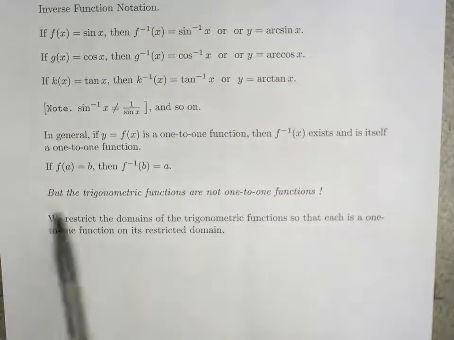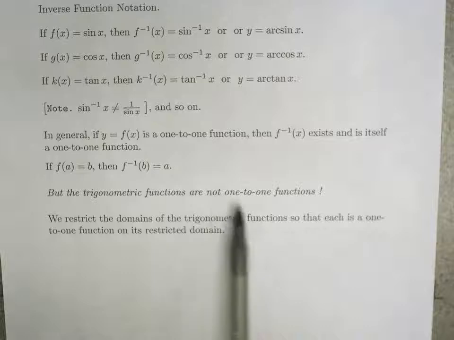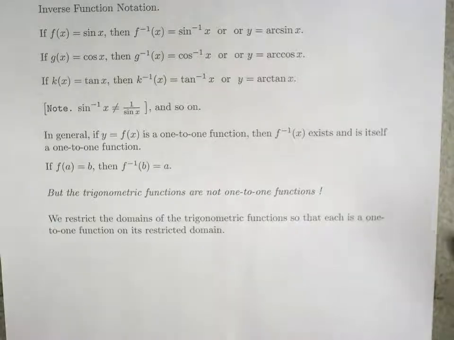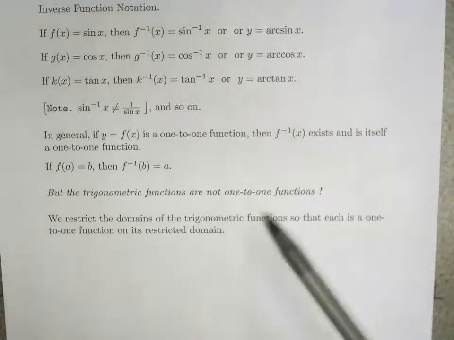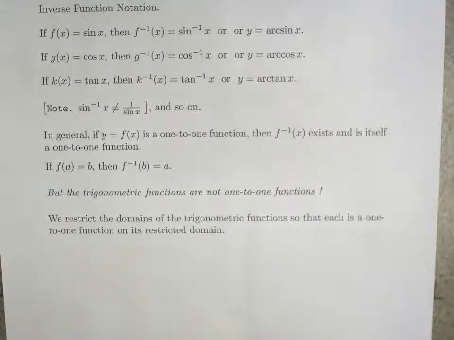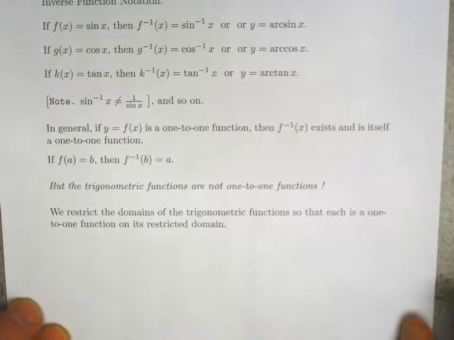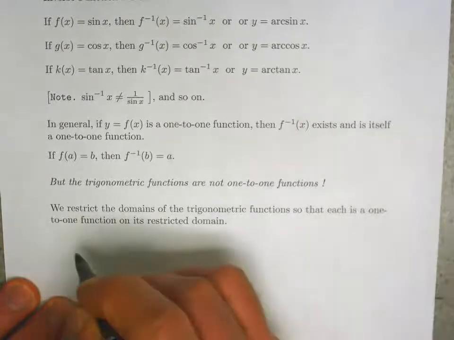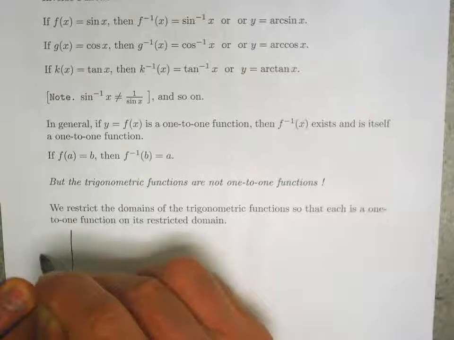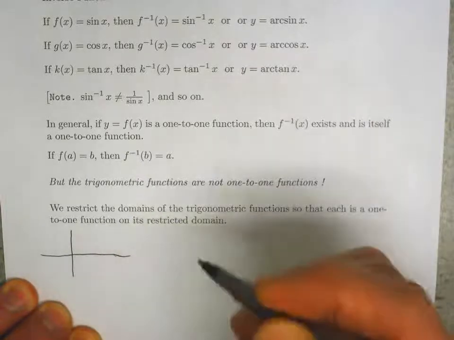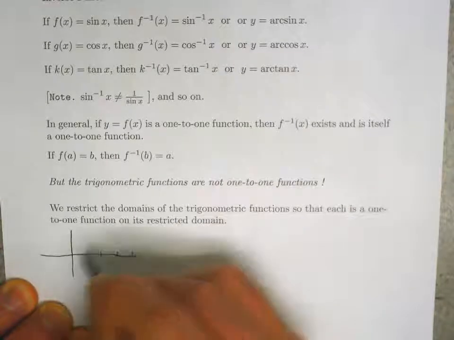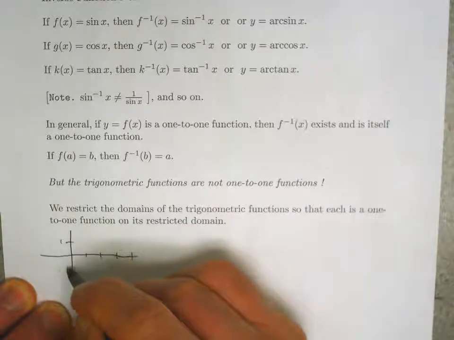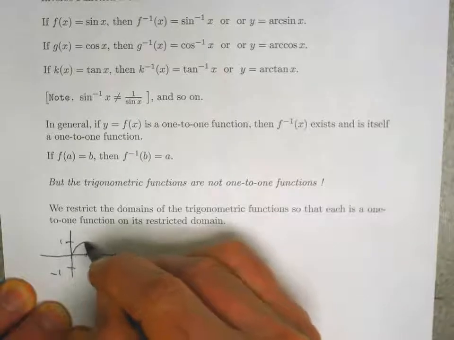Okay, but the trigonometric functions are not 1-to-1 functions. None of the trigonometric functions pass the horizontal line test. So, for example, if you sketch one period of sine, it looks something like this.